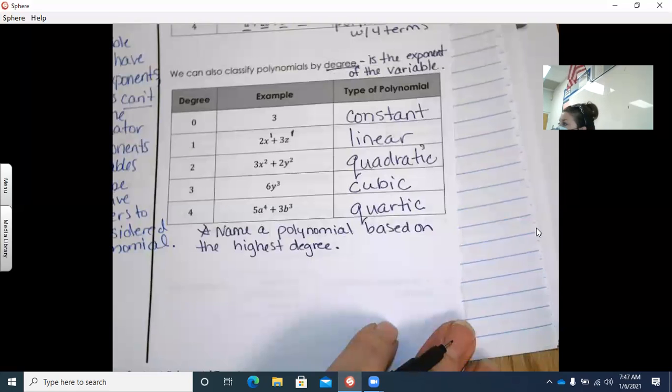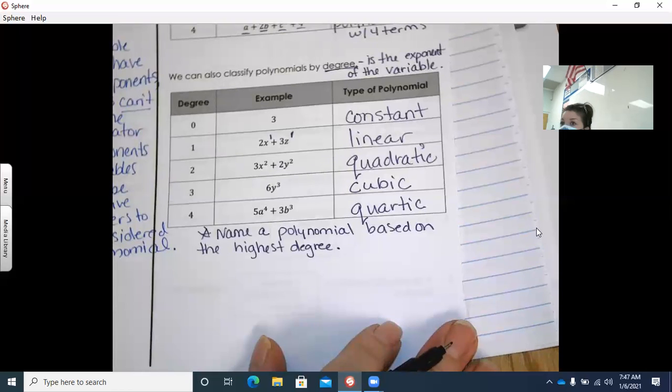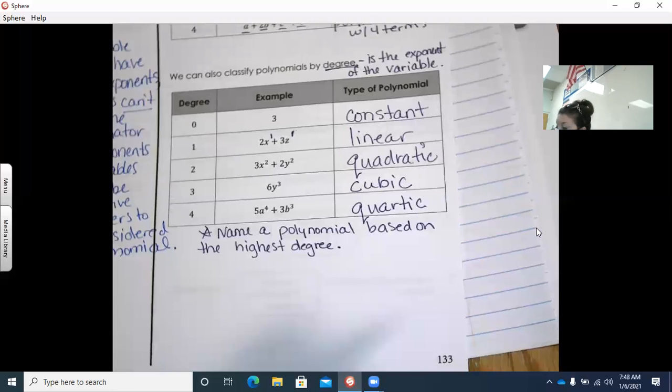So you can name a polynomial based on both things, the number of terms and the number of degrees, okay? I think on your homework, one chart is all about degrees and one chart is all about number of terms, like it is in the notes, but I just want to show you. And I want to show you how you need to simplify before you make any determinations, okay?